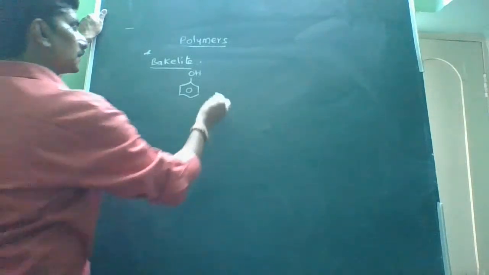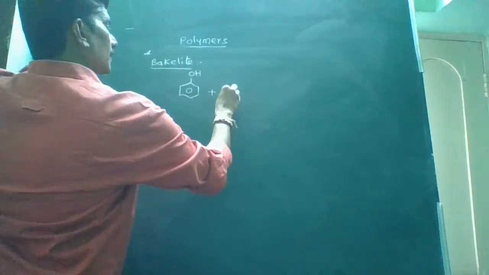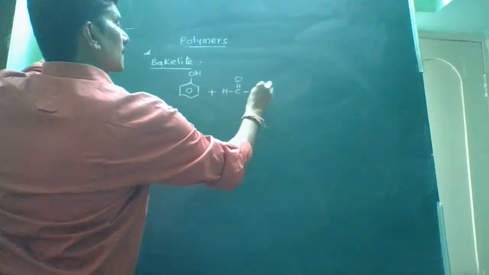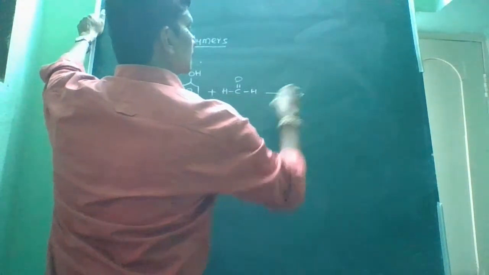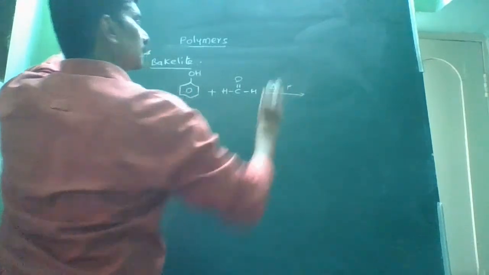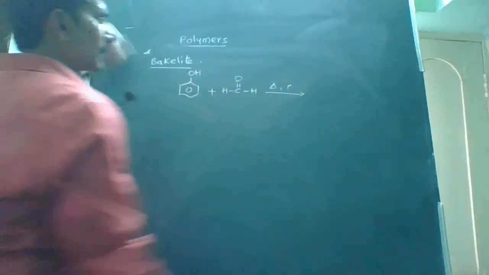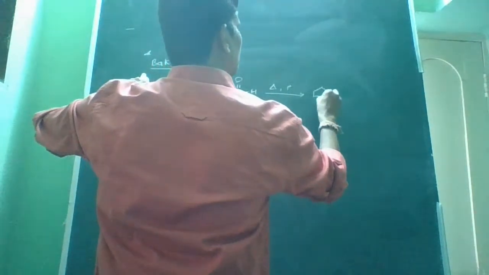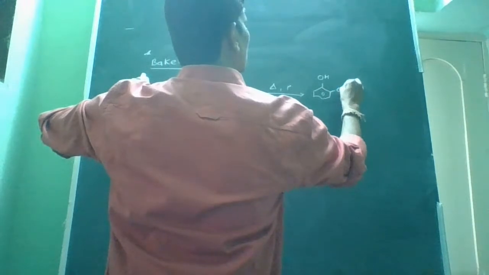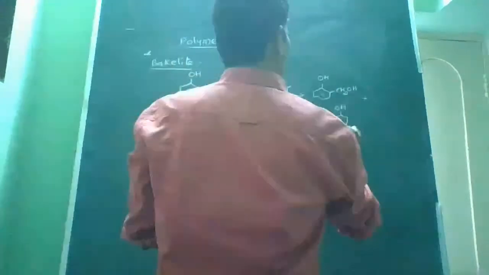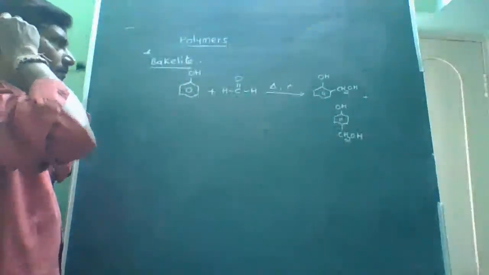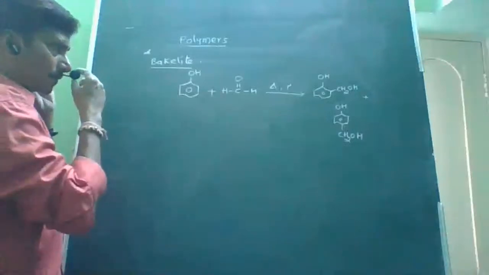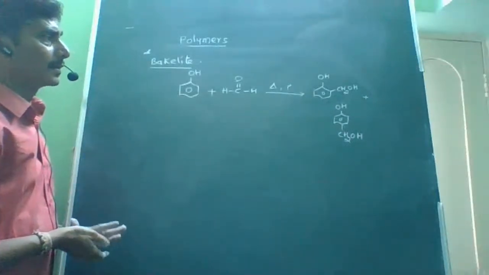When phenol is added with formaldehyde at high pressure, it forms ortho as well as para derivative.